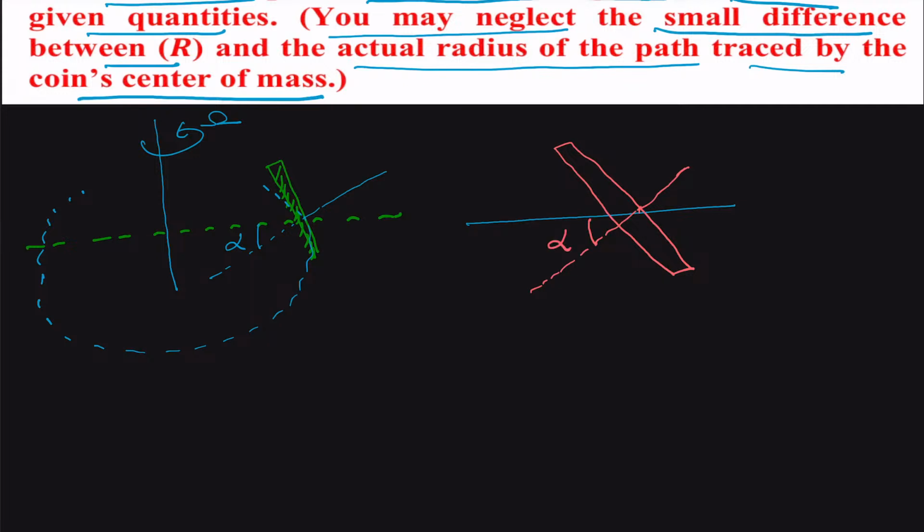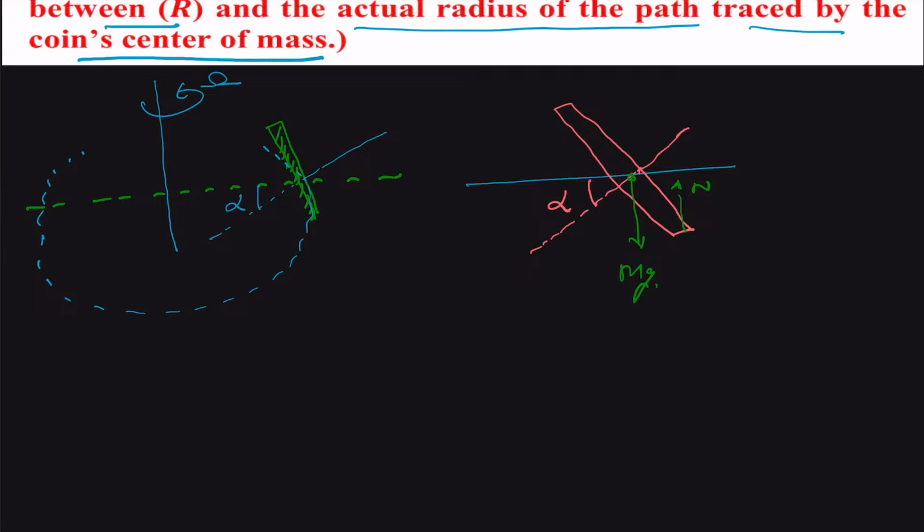And here we are going to have two major forces. One will be our mg acting in the downward direction, and the other one will be our normal acting in the upward direction. Okay, so these are the two major forces. As of now, if required, we can add later on also. And this, suppose, is our radius r.